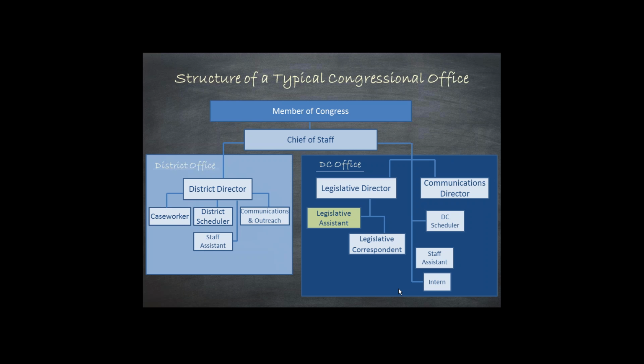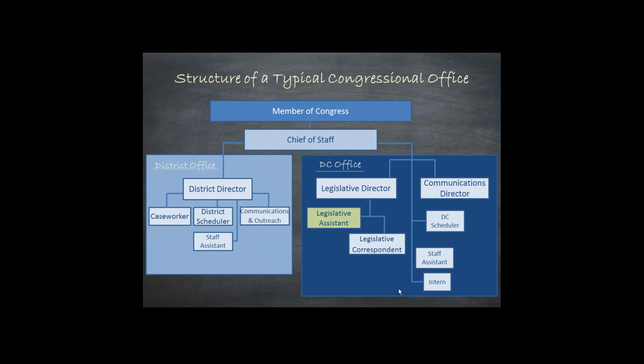A couple other people that are important for advocacy and for setting up meetings are the schedulers. There are two, usually, in an office: a district scheduler who handles all of the member of Congress's time when they're in the district, and one in the DC office that handles all of their time while they're in DC. It's worth noting that most members of Congress spend basically every weekend in their districts, that they fly back and forth between Washington and their districts.